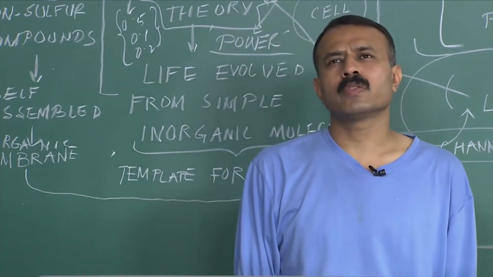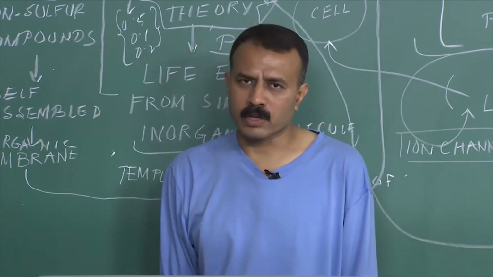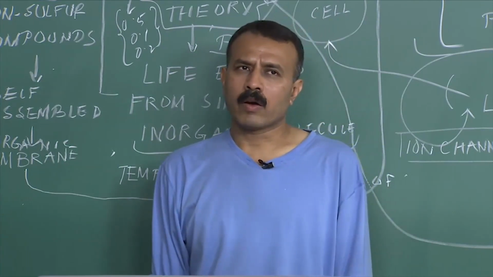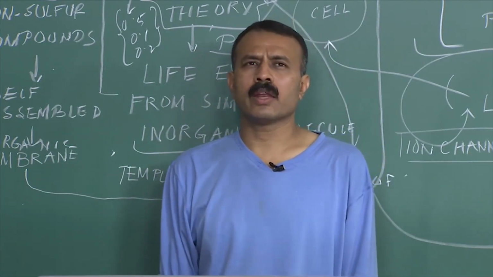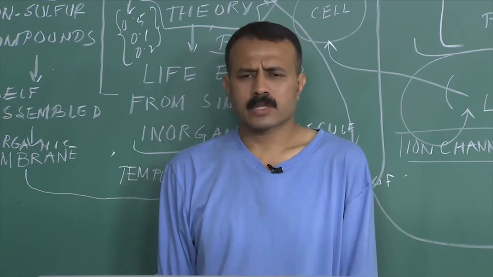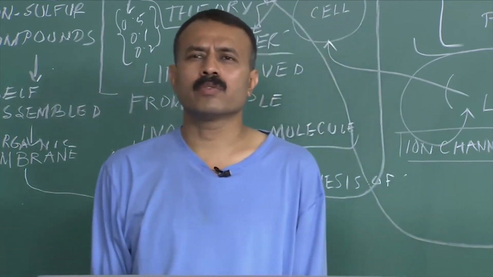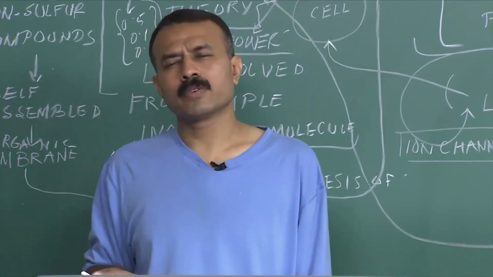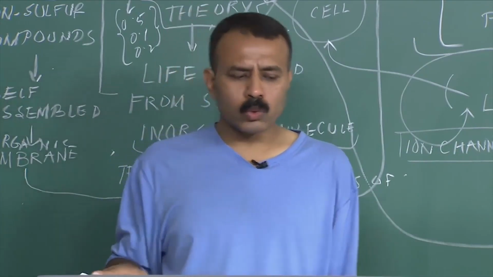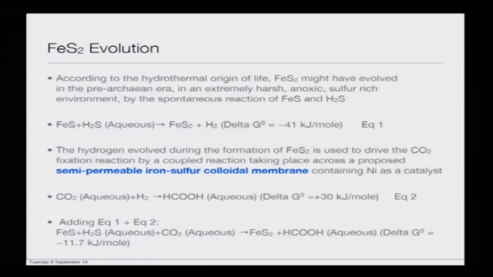There was sufficient hydrogen sulfide all over the place, in a very harsh environment, where even to simulate or imagine how life would have been is really tough. So, under those conditions, possibly by the spontaneous reaction of FeS and H2S, we get FeS2 and H2.